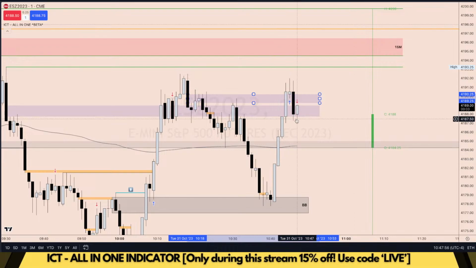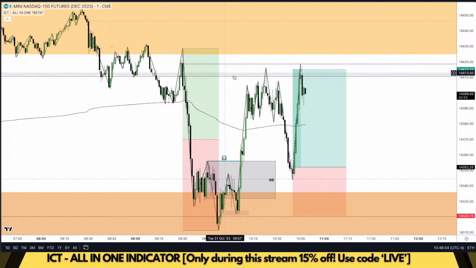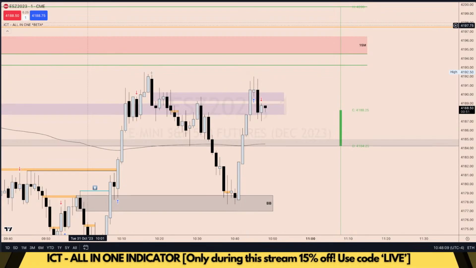What's the time? It's 10:47, so we're about to enter into the 10:50, 11 a.m. macro. And NQ took out the high here, while ES did not take out the high yet.